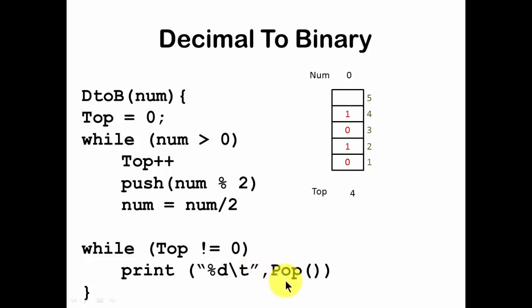Pop is a function that not only returns the top value but also decrements the value of top. So pop will make sure that the top is decremented. So from 4 it reaches 0 gradually, and every time it is decremented, pop will return the value that has been deleted, and that value would be printed by %d. So this way we can have the output as 1010, and the decimal has now got converted to binary with the help of a stack.